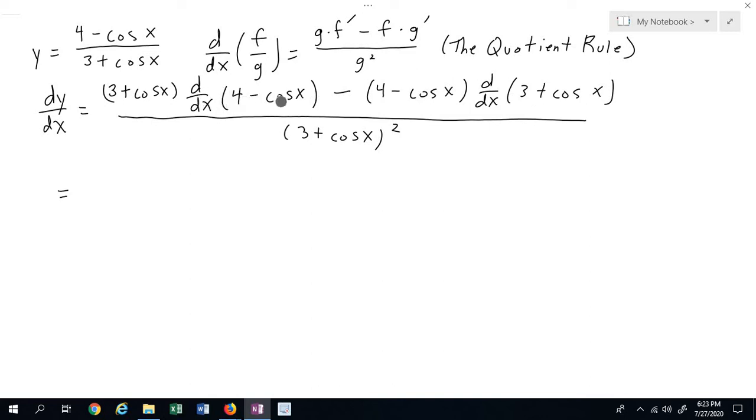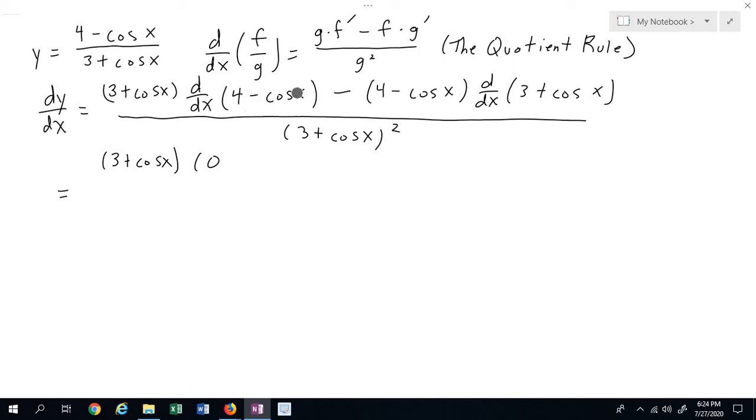You can find the derivative of this one by finding the derivative of the first term and then subtracting the derivative of the second term. The derivative of 4 is 0 because the derivative of a constant is 0. And then we have 3 plus cosine x in front, multiplied by the derivative of this function.